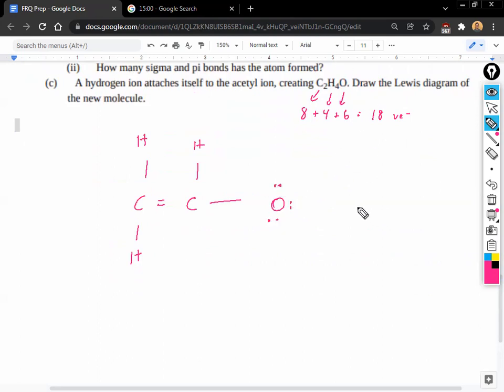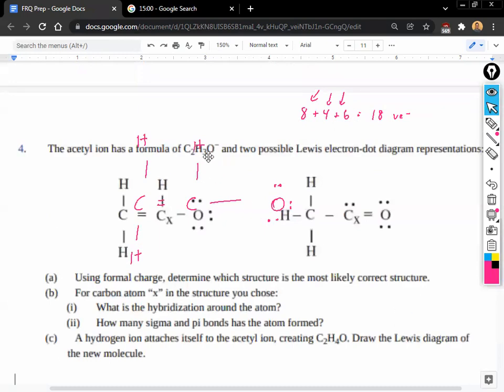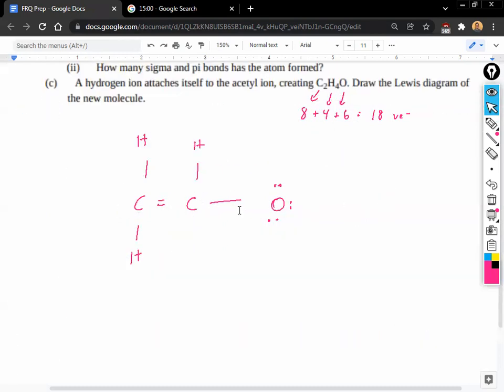And then all we need to do is add the hydrogen ion. Wait, hold up, I'm doing something wrong here. Oh, it's C2H3O minus, my bad. Actually, that should be fine, never mind. So we're going to add a hydrogen here.